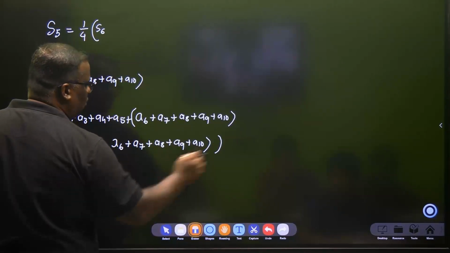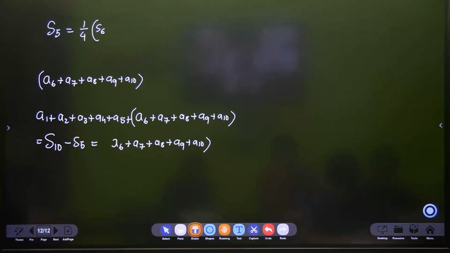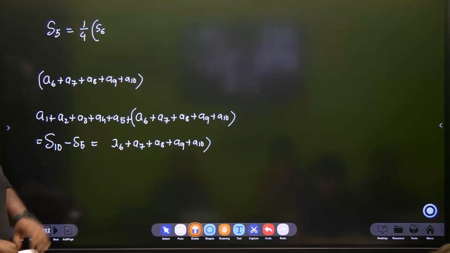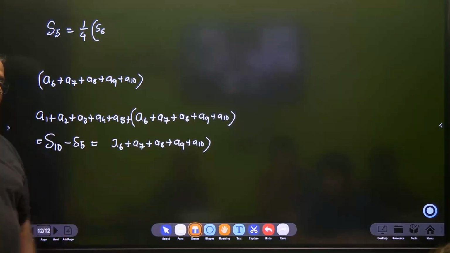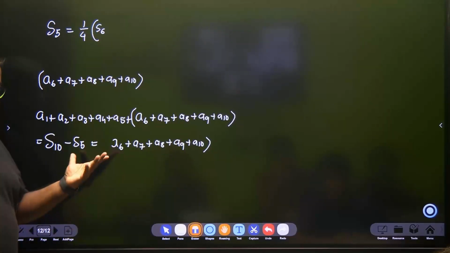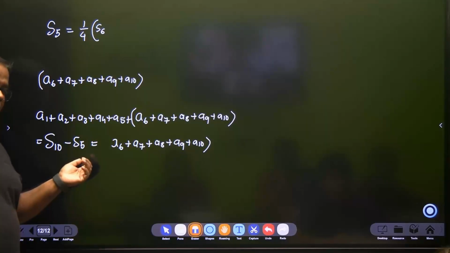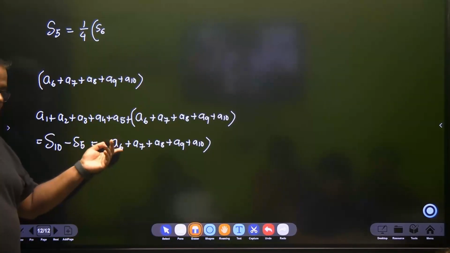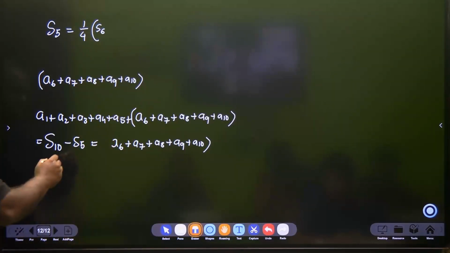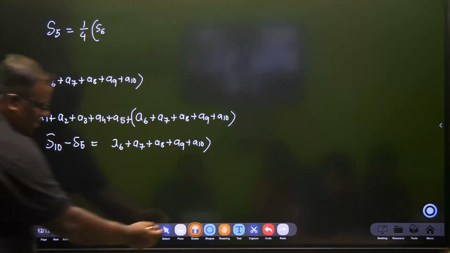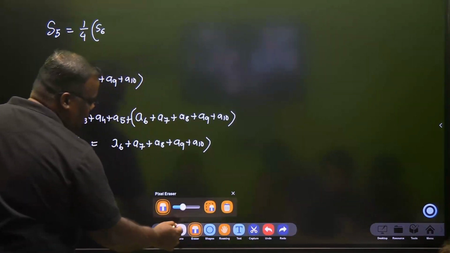Now, this is the same logic that I told the other day. Have you understood this logic? If you add up the 10 terms, then it is S10. From S10, if you take out S5, then you get this. S10 calculation is easy for me.